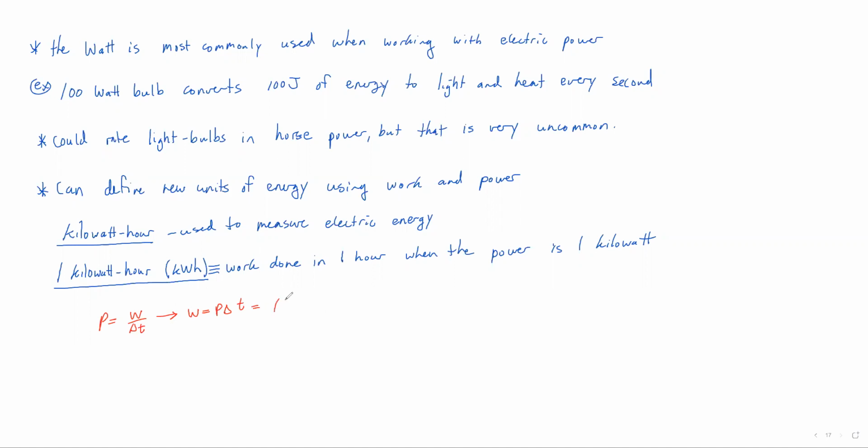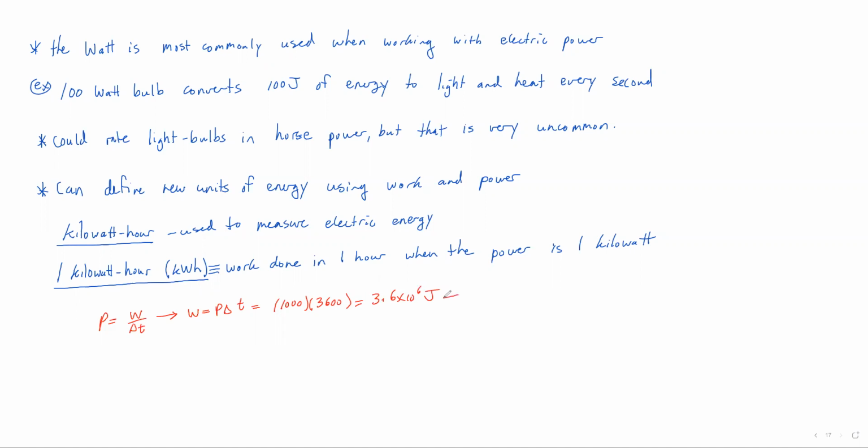Well, we know the power is going to be 1,000 watts, and the time is going to be 3,600 seconds, because 3,600 seconds is 1 hour. Well, that's equal to 3.6 times 10 to the 6 joules.